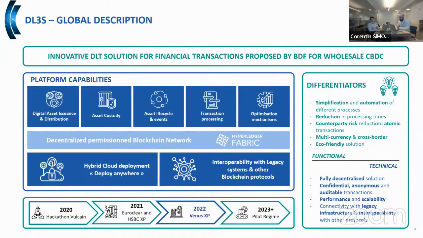In particular, there were two experiments, one with Euroclear and one with HSBC, that were part of the first phase, but also the Venus experiment, which is our main topic of discussion for today. And it will continue this year, obviously, with the European pilot regime that should come.